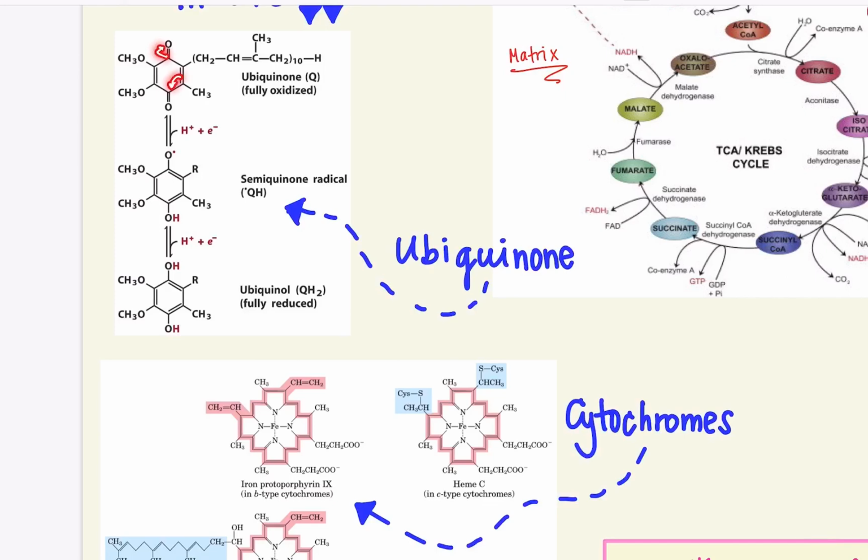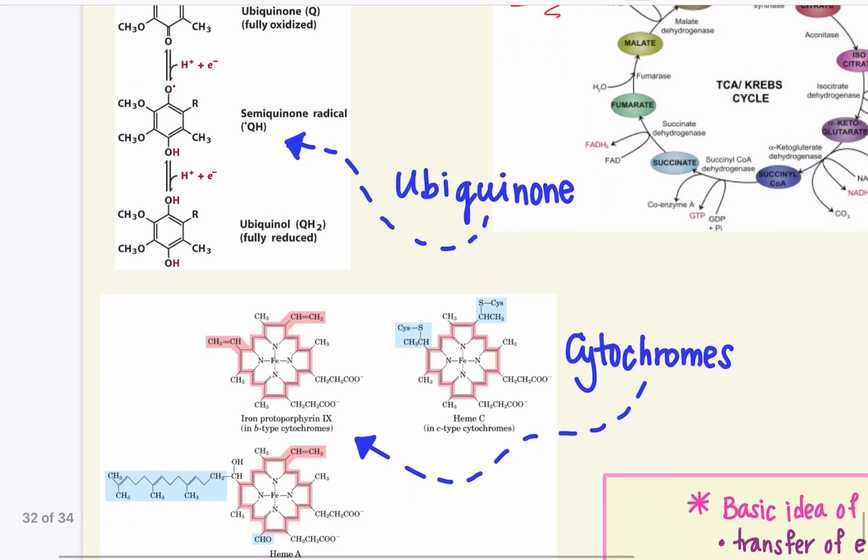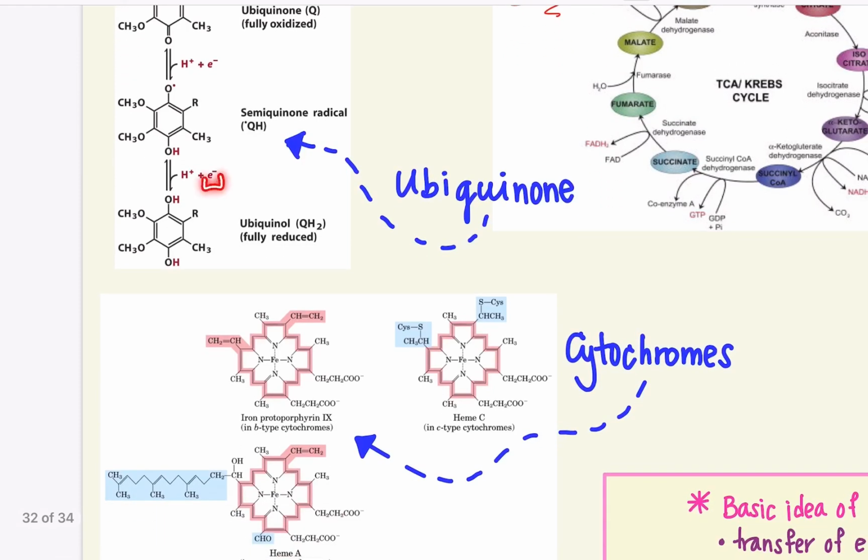This electron with the proton ends up on one of the ketones, making it an alcohol and making this inner cyclic structure a benzene ring. Then a second electron comes in and attaches to this radical right here and makes another alcohol group.